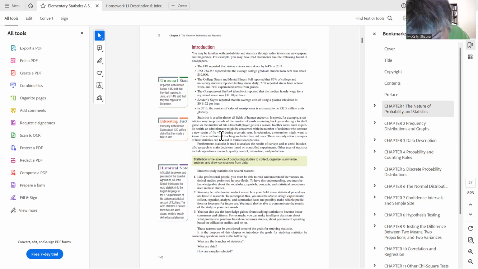If you go back to the introduction on page 2, it tells you some instances. Page 2 says, statistics is used in almost all fields of human endeavor.